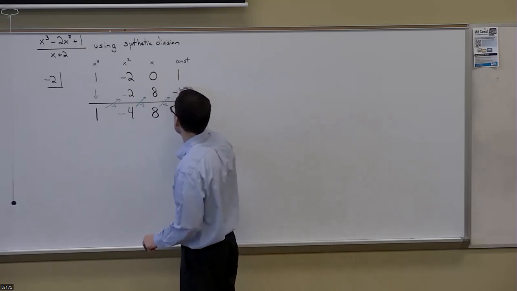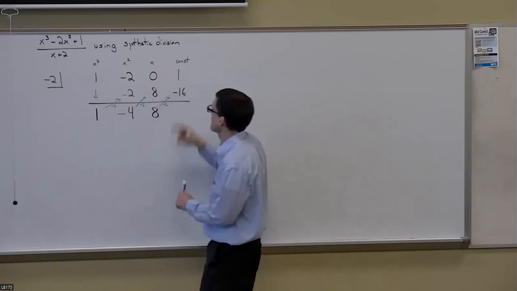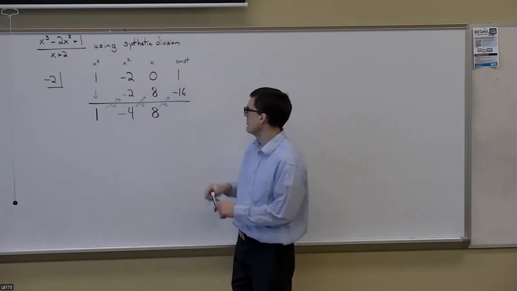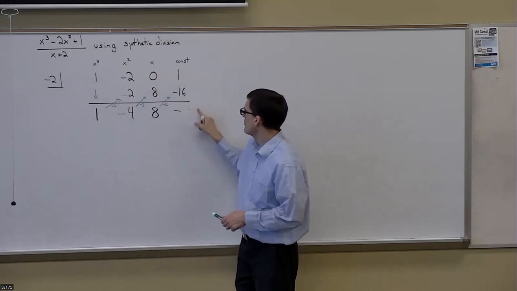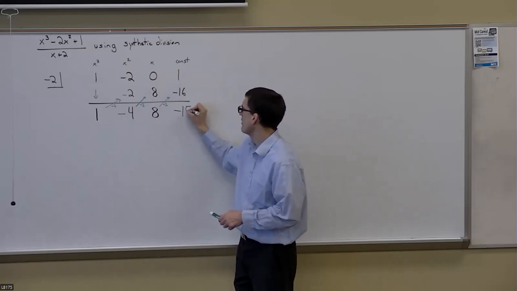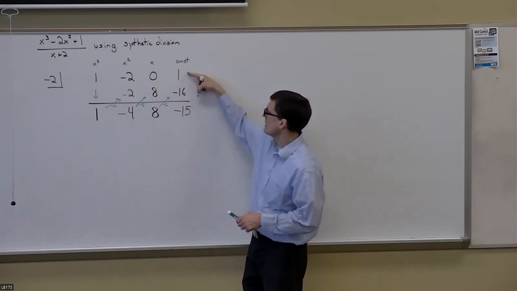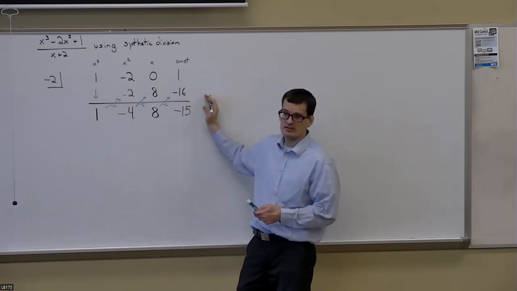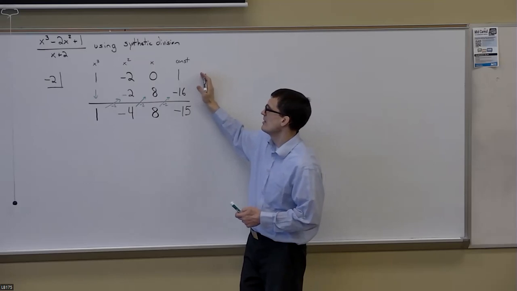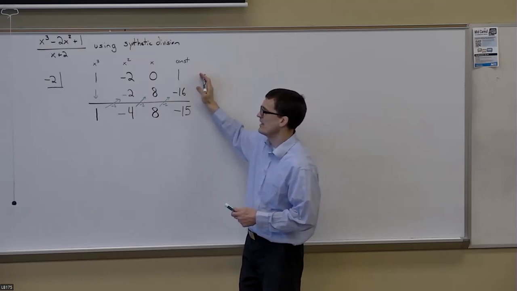That would give me negative 16. And then I would add those. So my last one is adding 1 plus negative 16, and now I'm out of columns here.